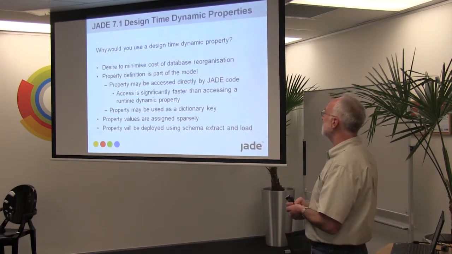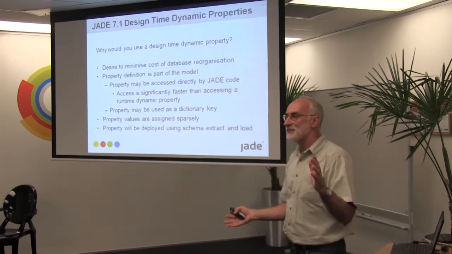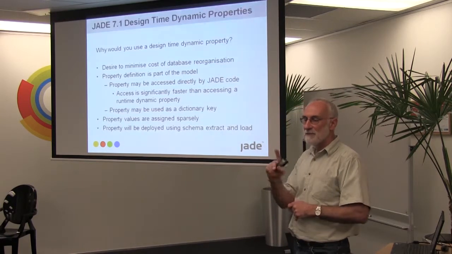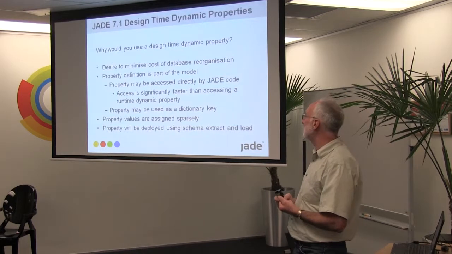Design time dynamic properties: you start thinking about this if you've got millions of instances of a class and you know that a reorg is going to take too long. Maybe you want to be thinking about using a design time dynamic property.